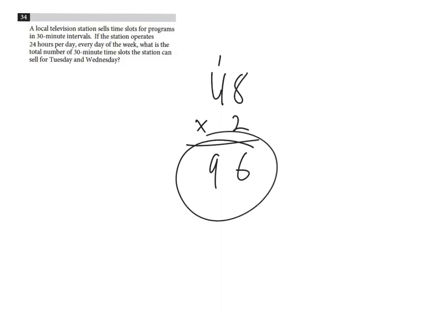Well, if it's operating 24 hours a day, and we're talking about 2 days of the week, that's going to be 48 hours for those 2 days. And each of those hours has two 30-minute blocks. So times 2. That's 96 30-minute blocks.